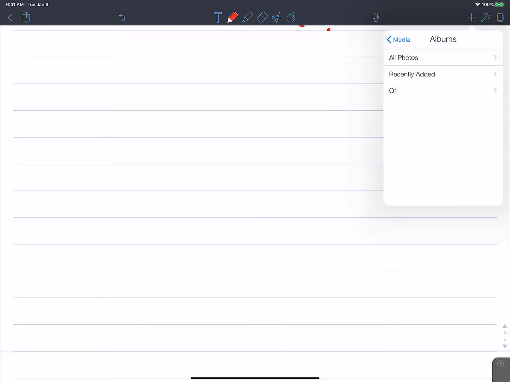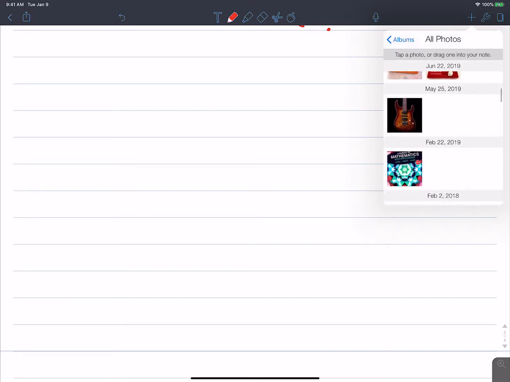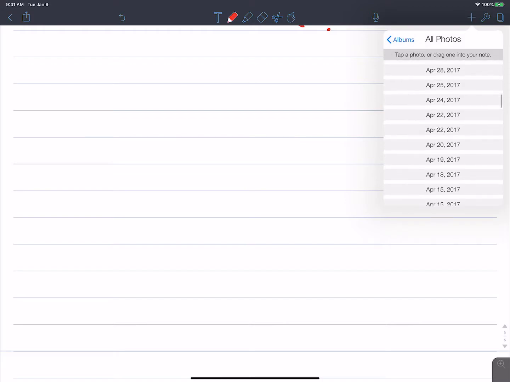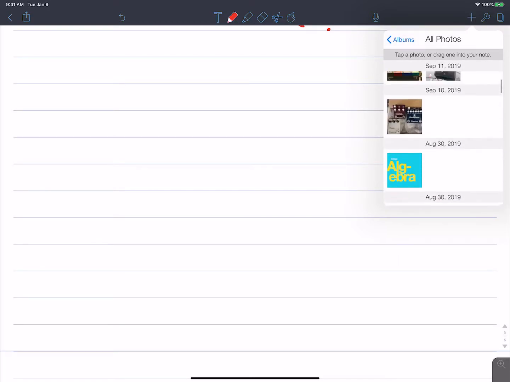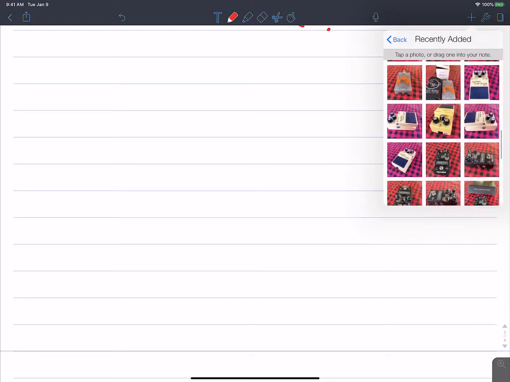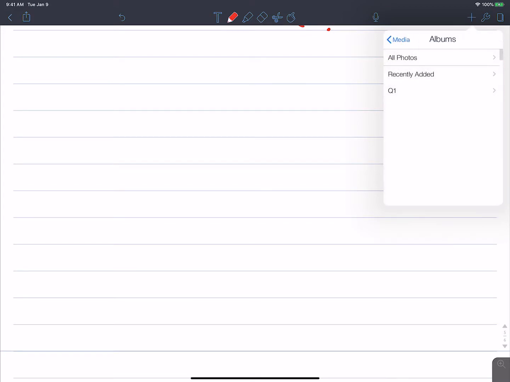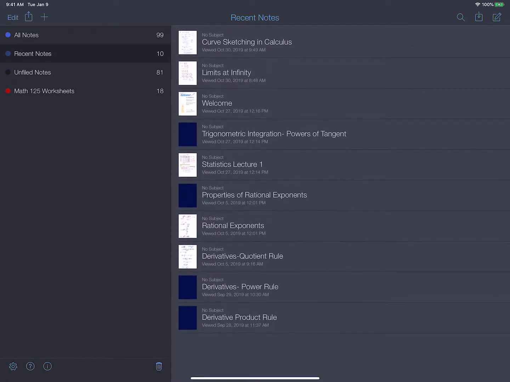I did have some axes here, and maybe we have to go out and find it.